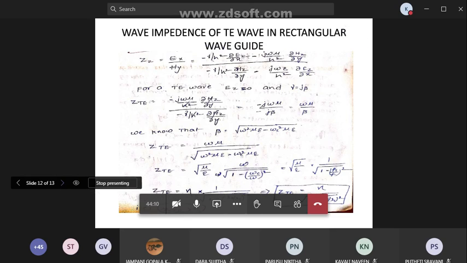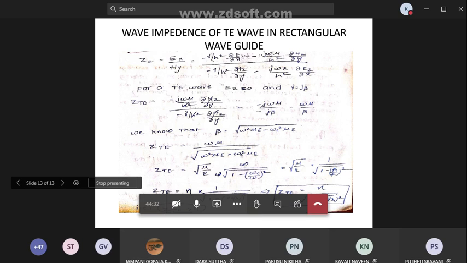Now the wave impedance in TE mode. Similarly Zz equal to Ex by Hy. In TE wave substitute Ex and Hy. In TM mode Hz equal to 0, but in TE mode substitute Ez equal to 0 and gamma equal to j beta.